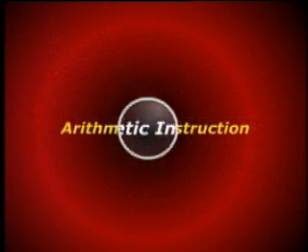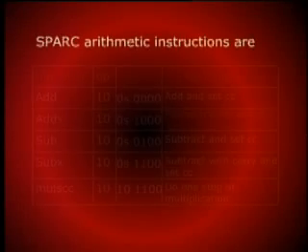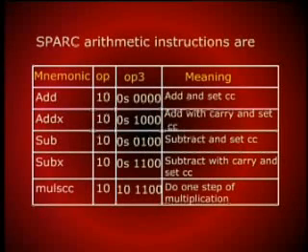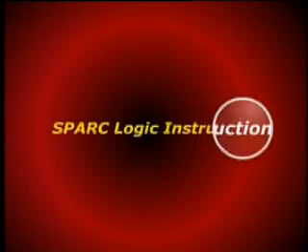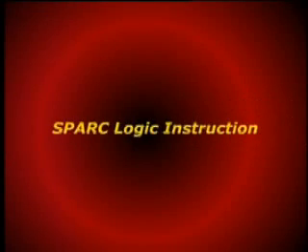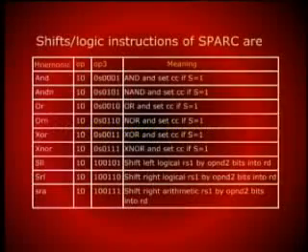The second group is the arithmetic instructions. We have add x, subtract, and subtract x, and multiply with the sign multiplication in this case. The third table indicates the detail of logic instructions. We have AND, OR, XOR, and other instructions of shift left and shift right.